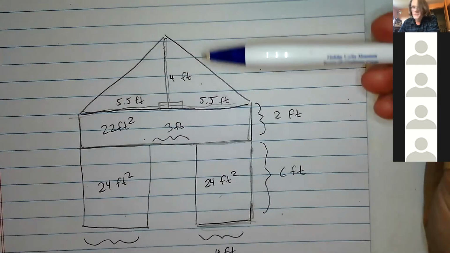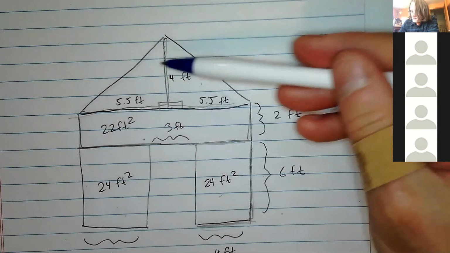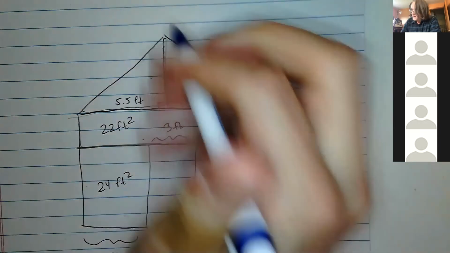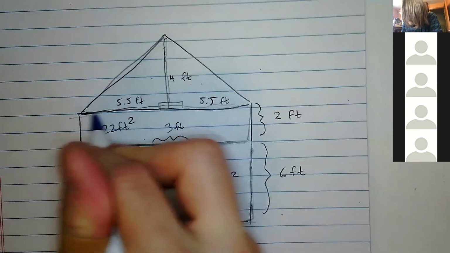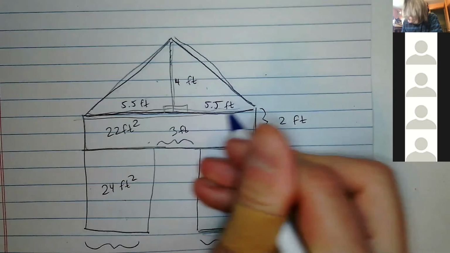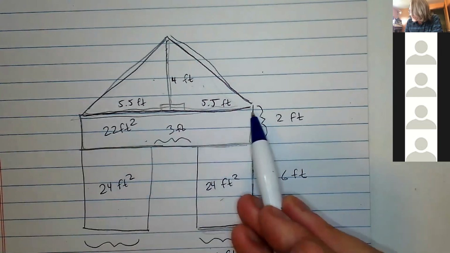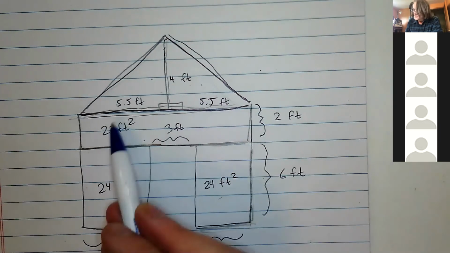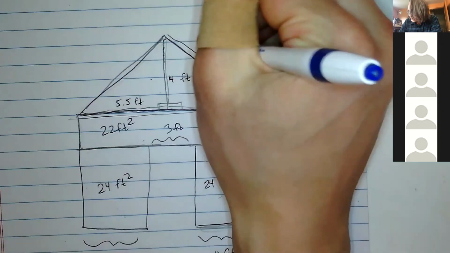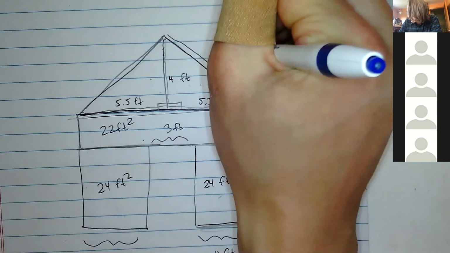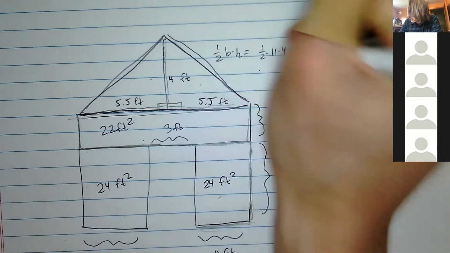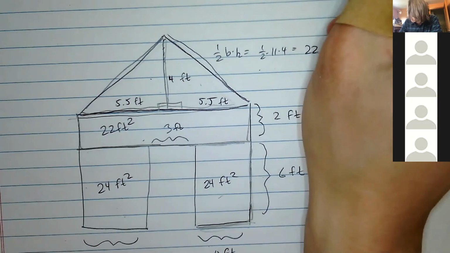One way is the way I was going to do it, which is compute the area of both of these smaller triangles, right? Or you can consider it to be one big triangle like this. If you look at it like a big triangle, the base is 11 because it's the same as this length, and then the height is 4. So it's just 1/2 times base times height, feet squared. Yep. So base was 11, height 4, so 22 feet squared.